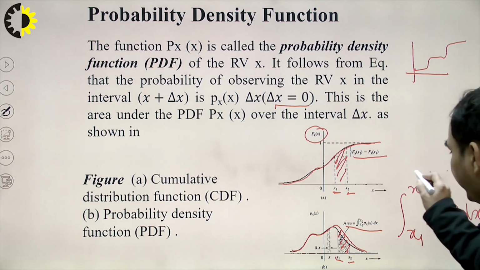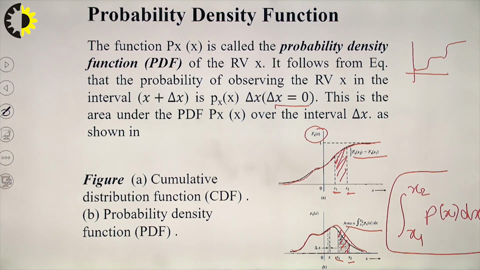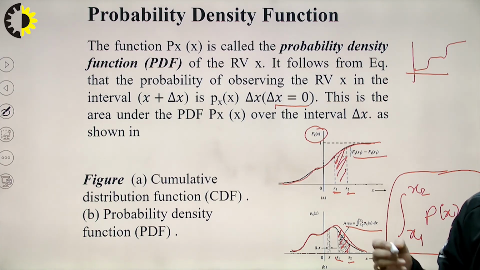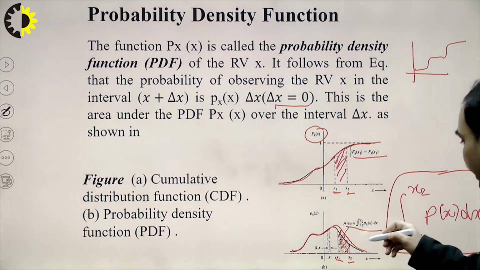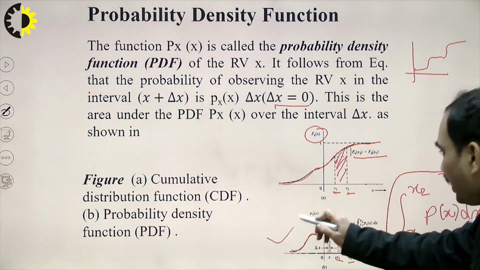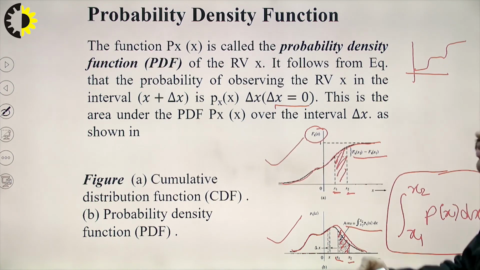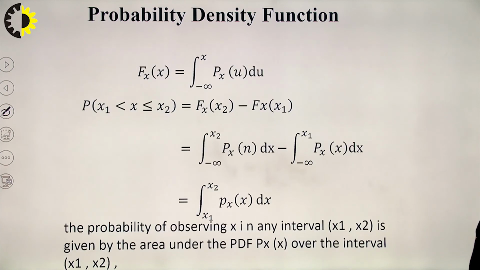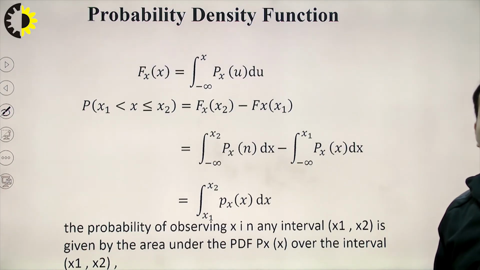If we have the probability, we can easily calculate for a continuous random variable the probability density function, which results in the area under the curve. That is the PDF and this is the CDF. Here we have written the generalized expression.